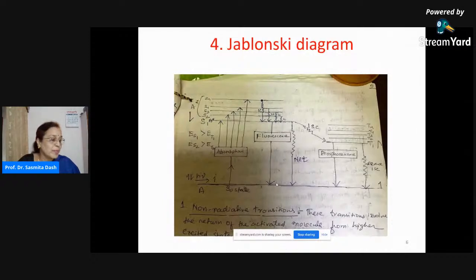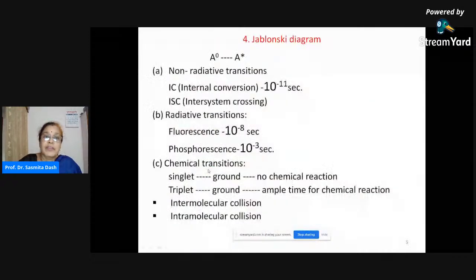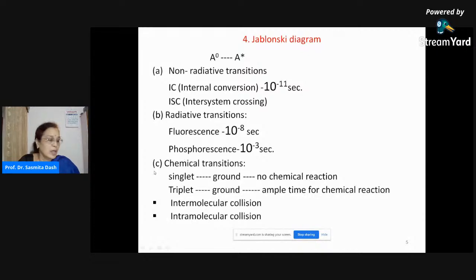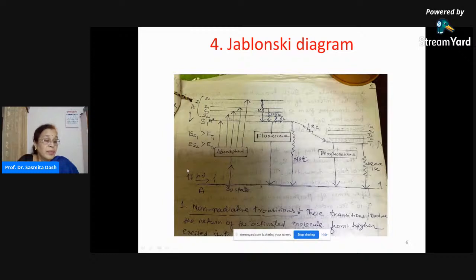Next, we come to the last type of transition, which is chemical transition. The activated molecule may lose energy by undergoing a chemical reaction. Since the molecule in the singlet state returns very quickly to the ground state, it gets no chance to react chemically.